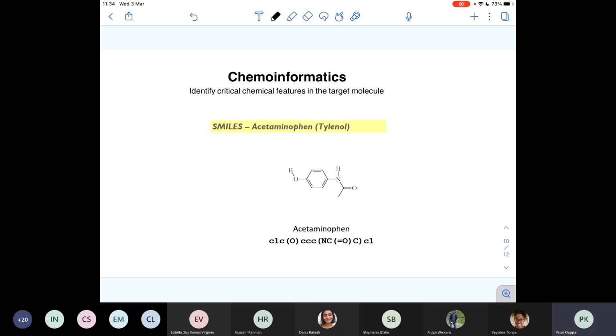We have an idea of what the inhibitor should look like. We know that there needs to be, for example, an aromatic ring with some hydrogens attached to it that is in close contact with amino acids from the substrate binding site. And with Chemo Informatics, we can actually describe chemical compounds in a way we can then store this information in a big database.